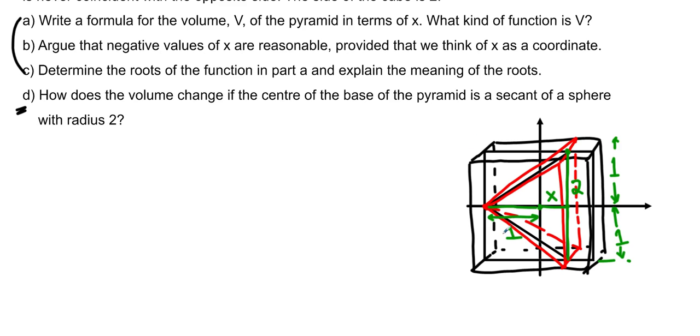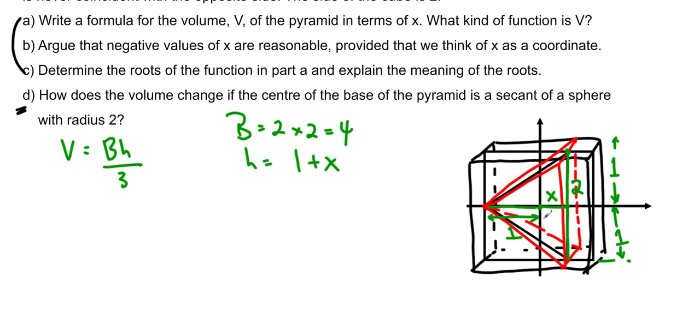Okay, so the volume of the pyramid is the area of the base times the height over 3. The area of the base is this length times this length, so 2 times 2, which is 4. And you can see that the height of this pyramid is 1 plus x. So this is a pretty straightforward question.